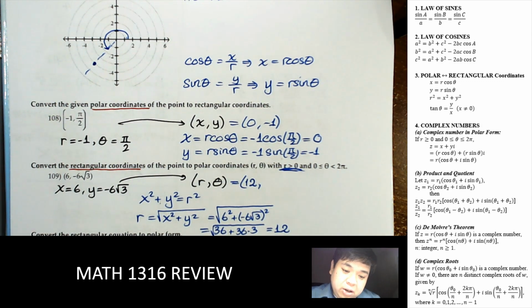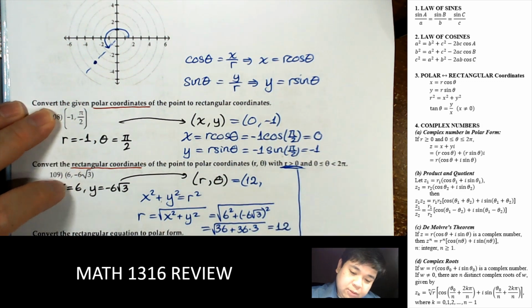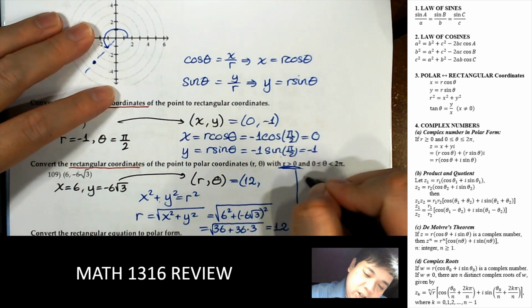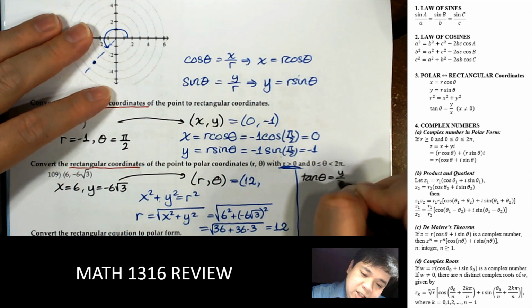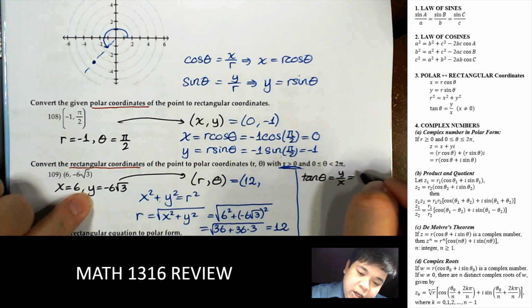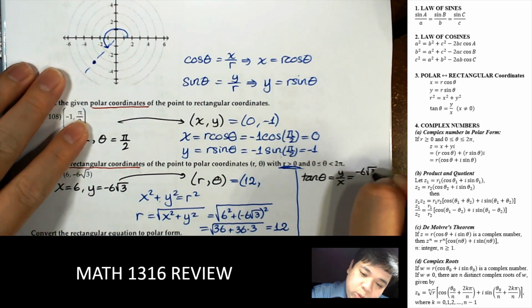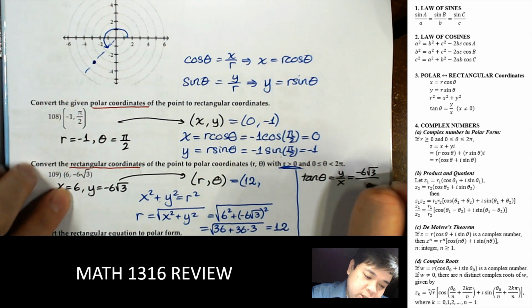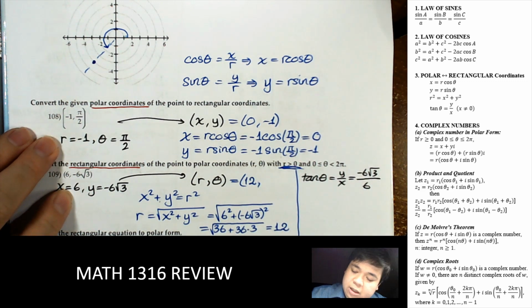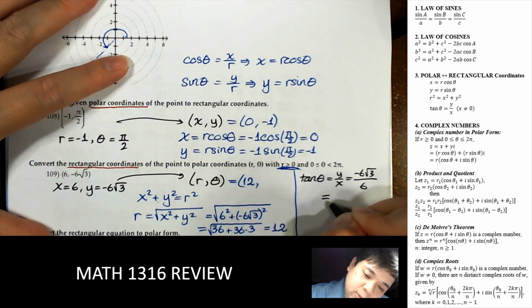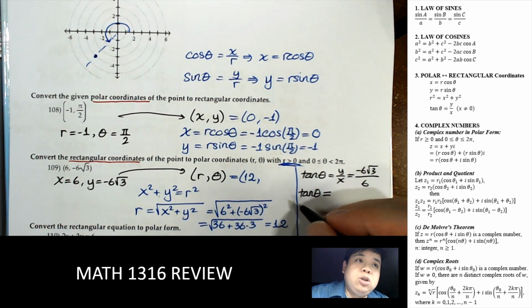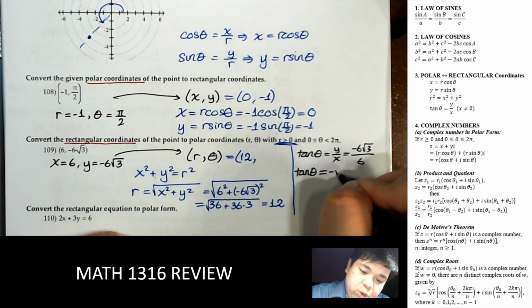So to determine the angle, we have tangent of theta equal to y over x. y is -6 square root of 3 over x is 6. So tangent of theta is equal to negative square root of 3.